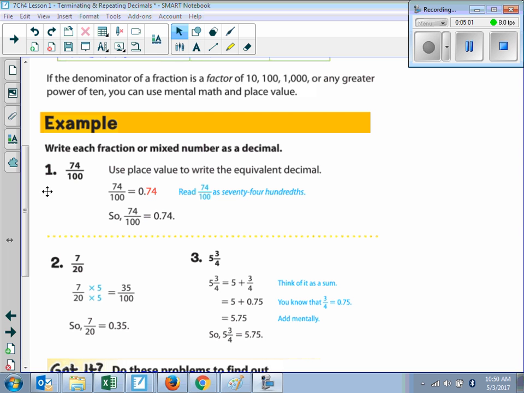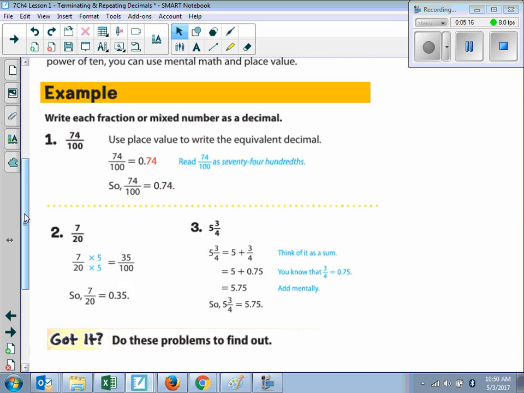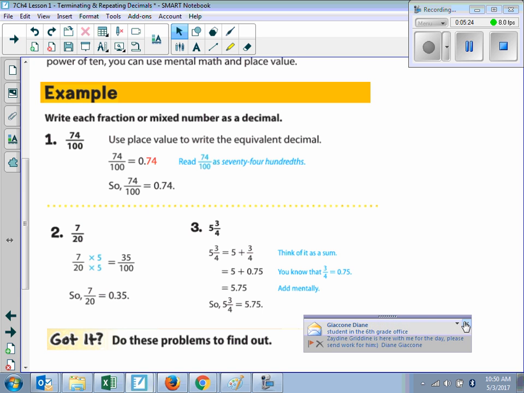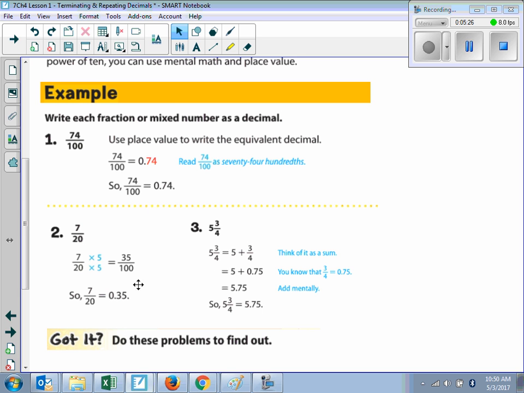So, for example 1, it says write each fraction or mixed number as a decimal. So here we have 74 over 100. When we read that, we read 74 hundredths. So you can just go straight to the decimal, 0.74. Now, for 7/20ths, that's not a 10 or 100 or 1,000 or a 10,000, but we can make it 100, right?